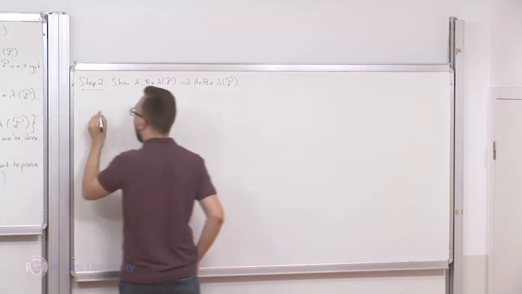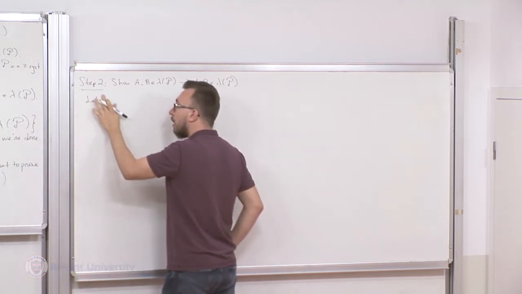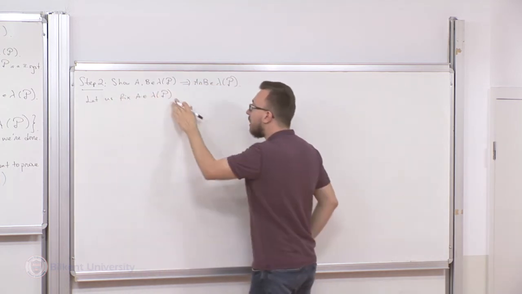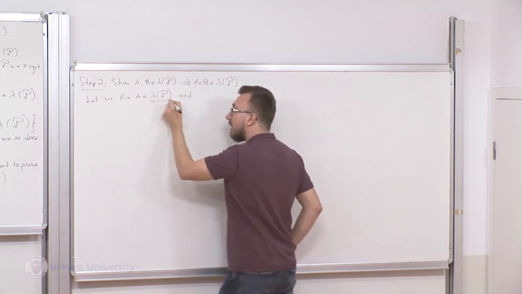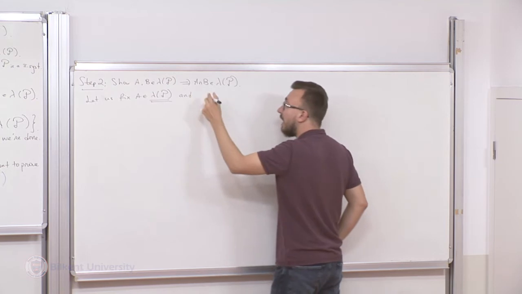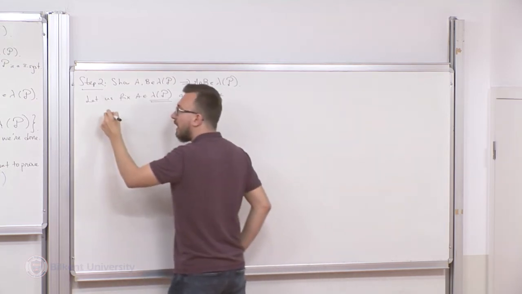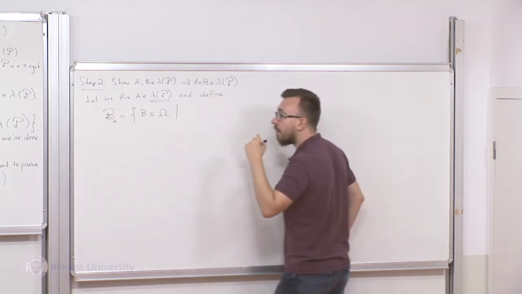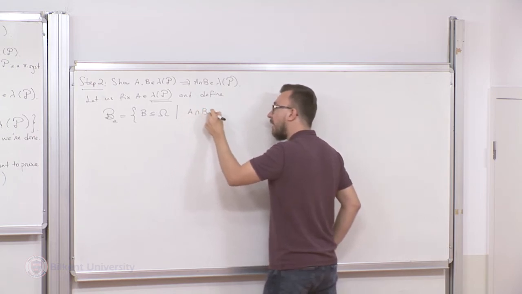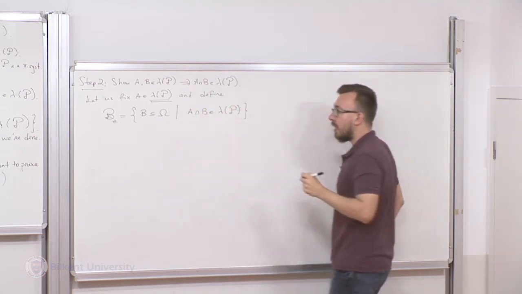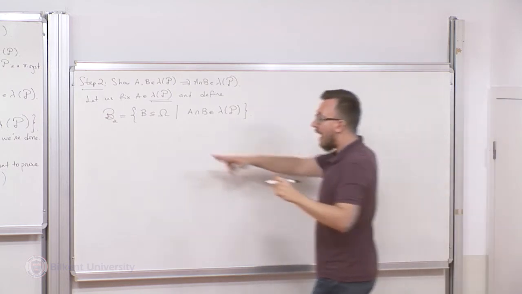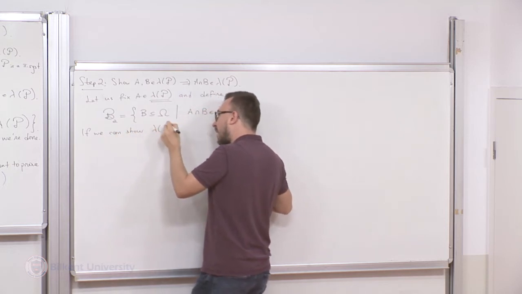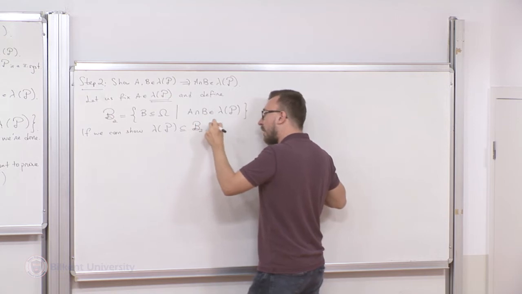Let's fix an A in lambda P and define, now we're fixing it in lambda P because we need an A from lambda P, and define now B2. Just imagination, all sets for which A intersection B is in lambda P. And again, if we can show lambda P is a subcollection of B2, then we're done.